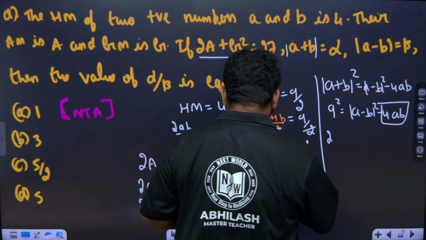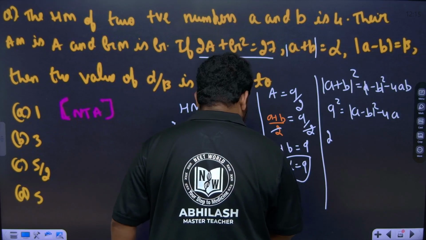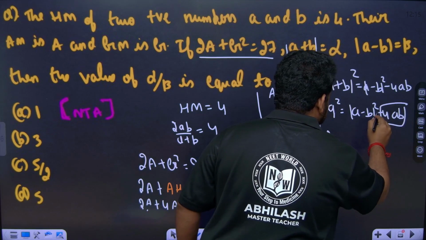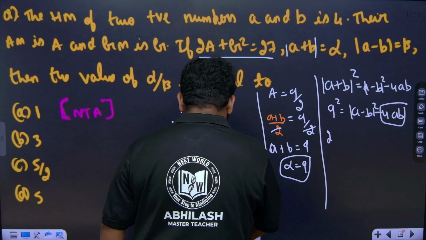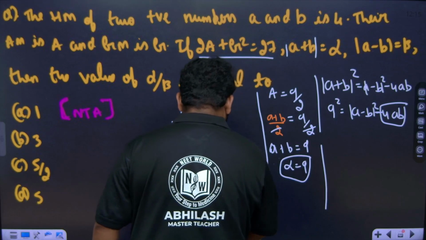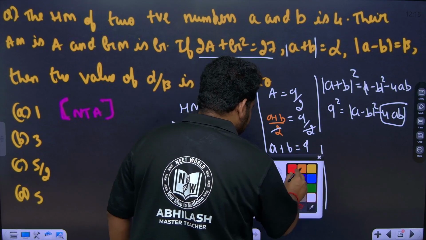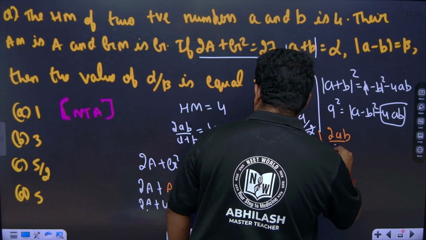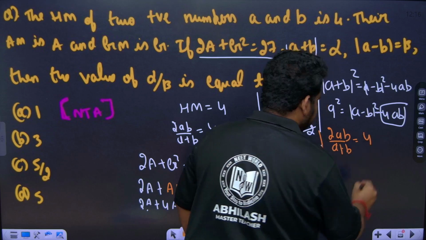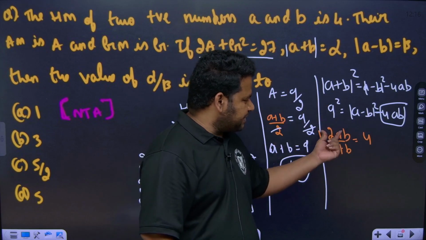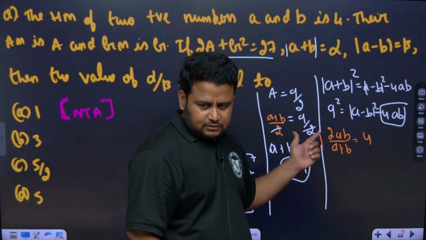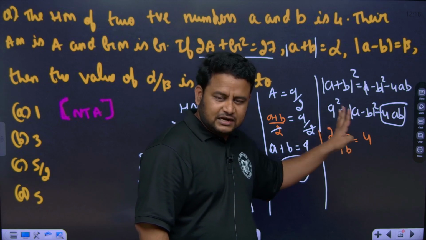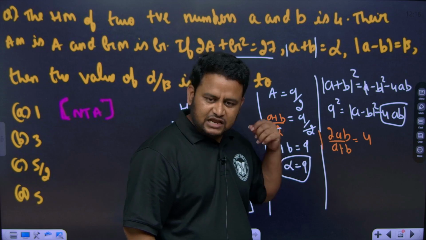Now I have 2AB by A plus B is equal to 4, and A plus B is equal to 9. They are asking for 4AB, and I have 2AB here. Instead of calculating AB, I will find 4AB.